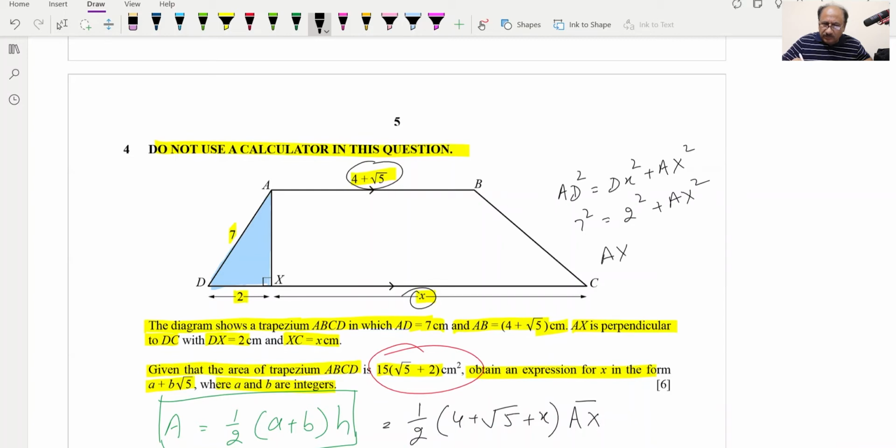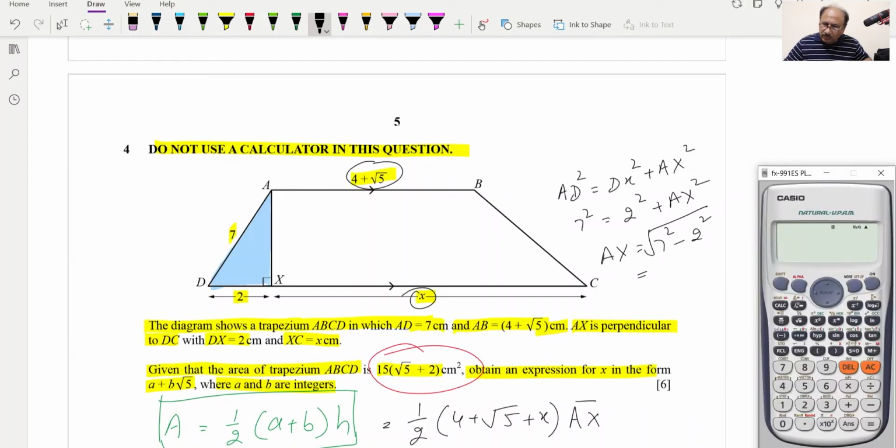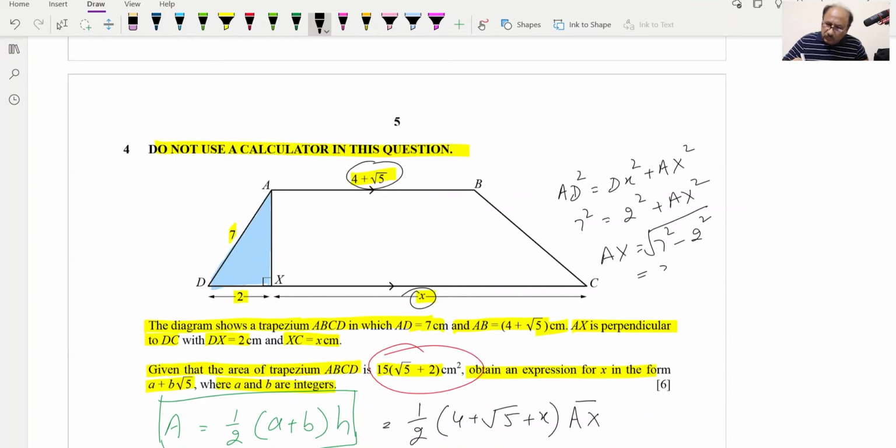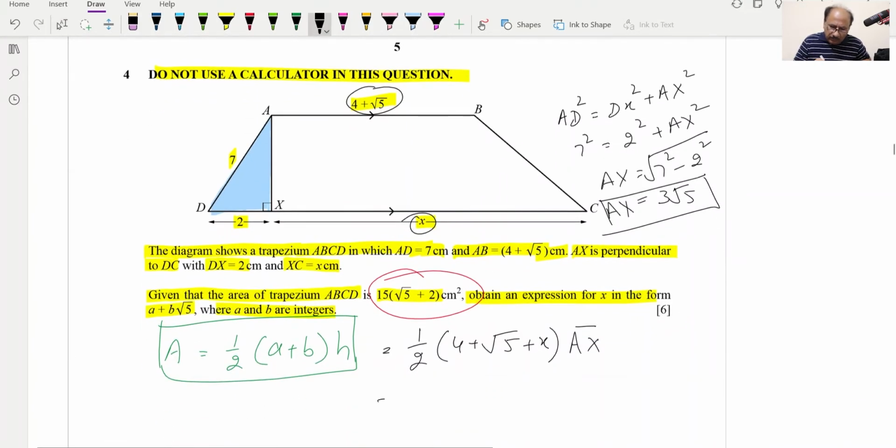So AX will be equal to the square root of 7 squared minus 2 squared, and this will be equal to 3 root 5, and this is the AX value which we will be using over here, and our equation will become 4 plus root 5 plus x into 3 root 5. This will be the equation.